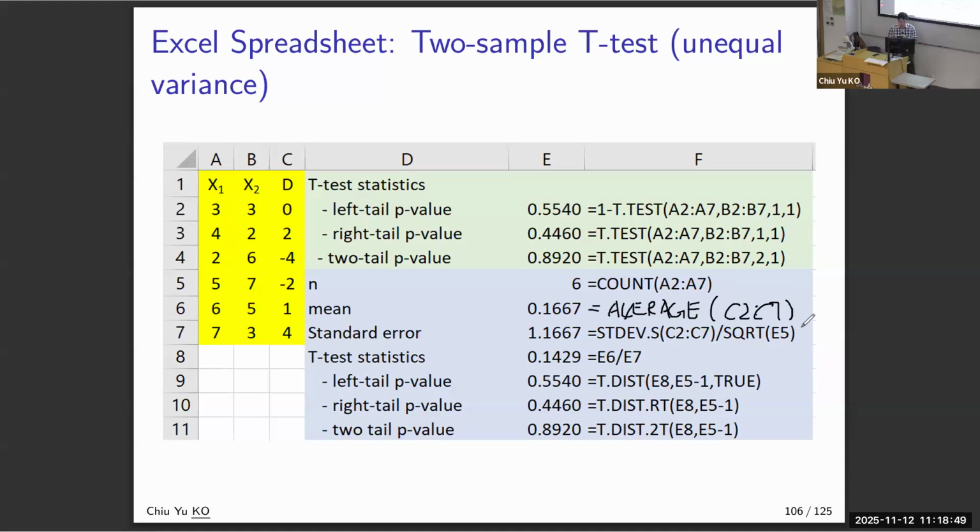Sorry, for some reason I don't know why it went missing, but the mean is just the average of the column C, right? Because this is the average over there. Because of the difference for each observation, you can actually do a t-test on that. Okay, so this is the formula there.